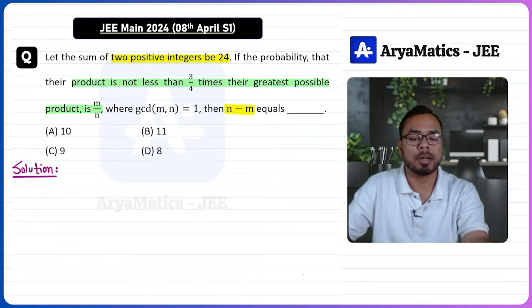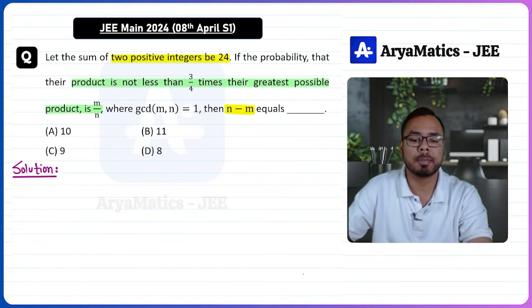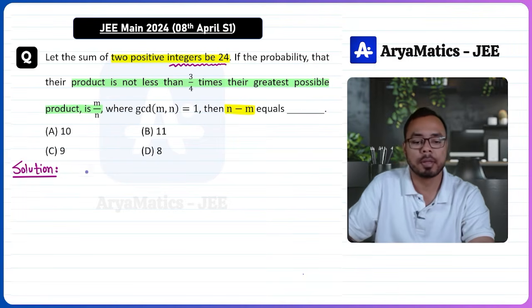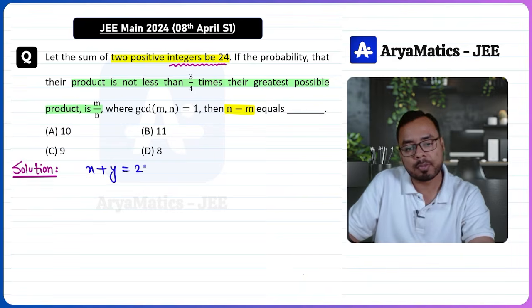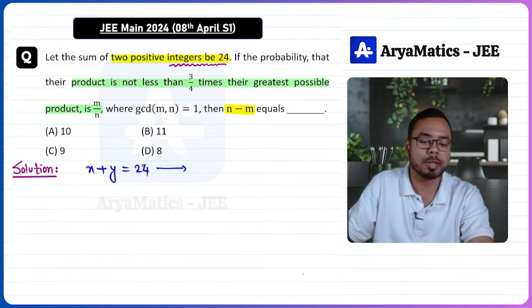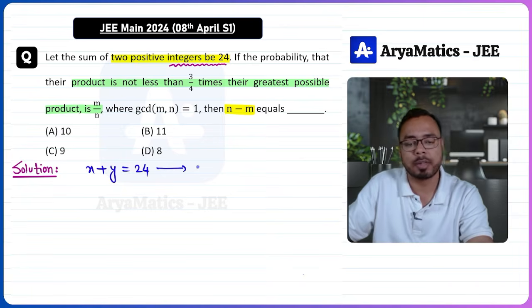Now, first here we'll count how many elements are there in the sample space, and then we'll try to calculate the favorable cases. It is given that the sum of two positive numbers is 24. So let us say those two numbers are x and y. So x plus y must be 24, and it is given that x and y are positive integers. So the different cases will be: we need to make their sum 24.